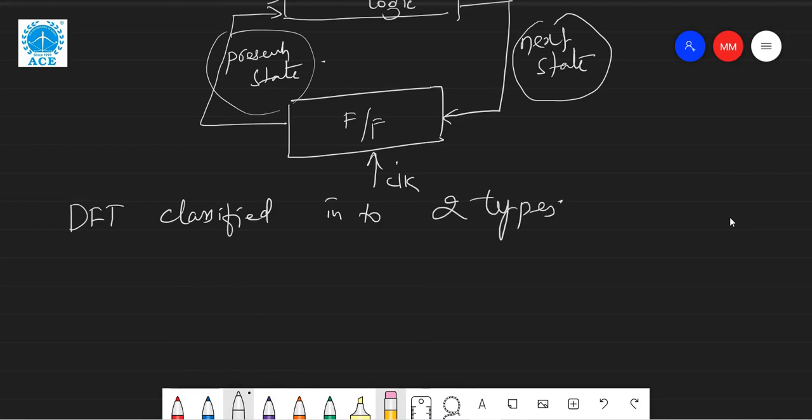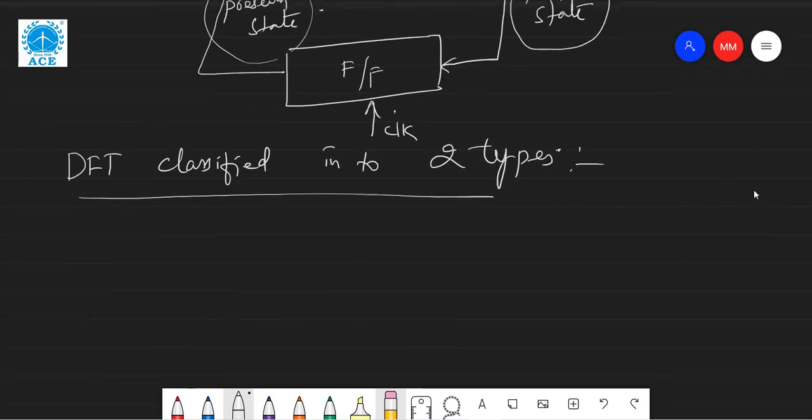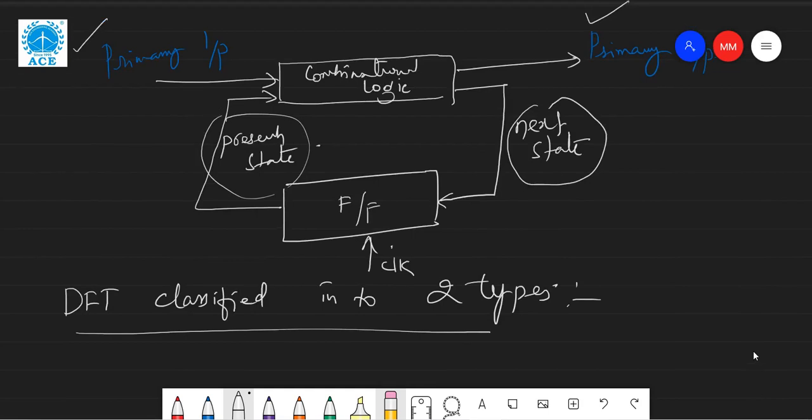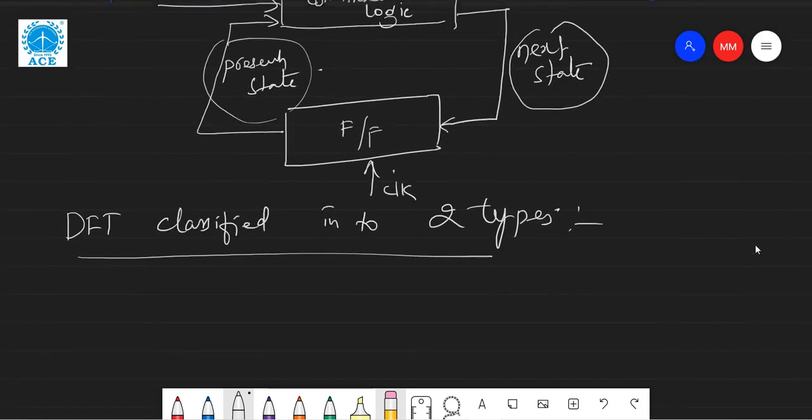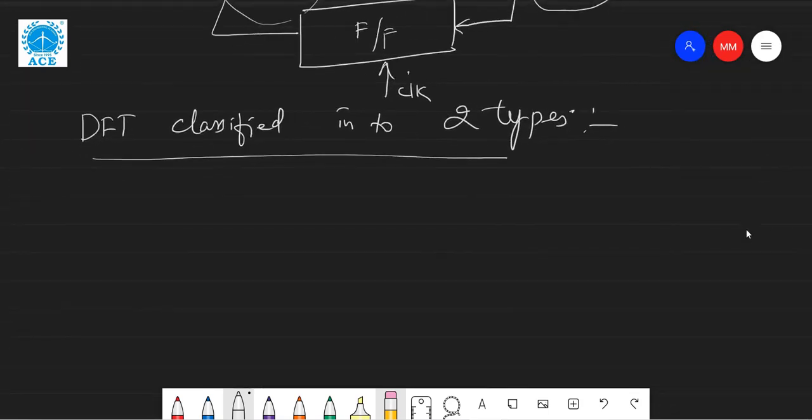In the above lecture, on observability and controllability, we covered the circuit level also, how to observe and how to control. I just briefly discussed that to help understand them.